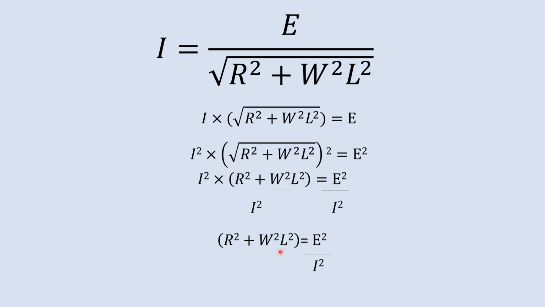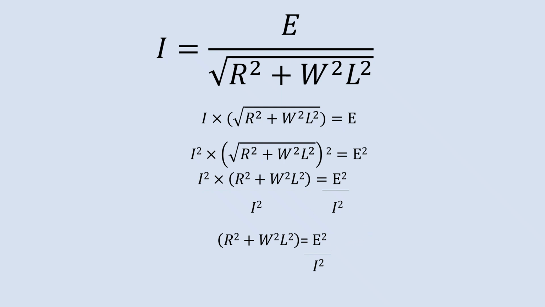We still have the objective: to make sure that R is left alone. So the next step is to remove this W squared L squared so that we are left with R squared. To do that, we make it jump the equal sign and cross to the right hand side.